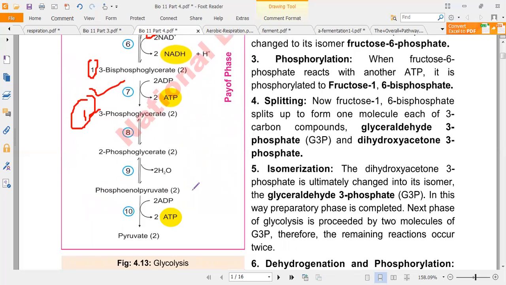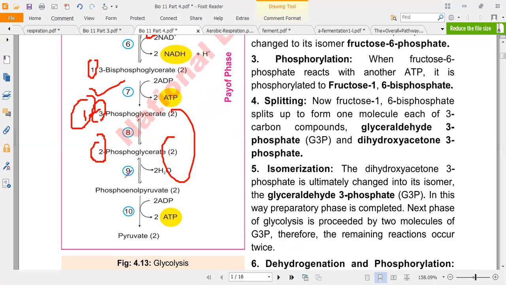So next, 3-phosphoglycerate is going to change into 2-phosphoglycerate, like isomerization. Again, this is done in the presence of phosphoglycerate mutase, like mutation is done, and phosphate is changed from carbon number 3 to carbon number 2, and that is also happening in both of the molecules.